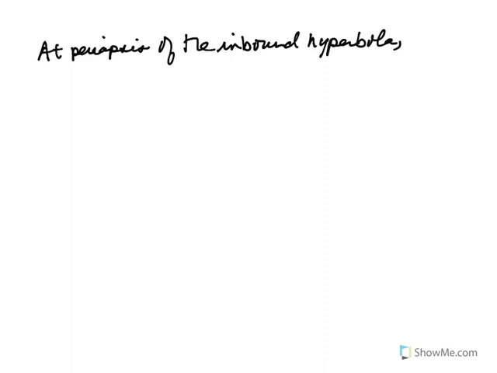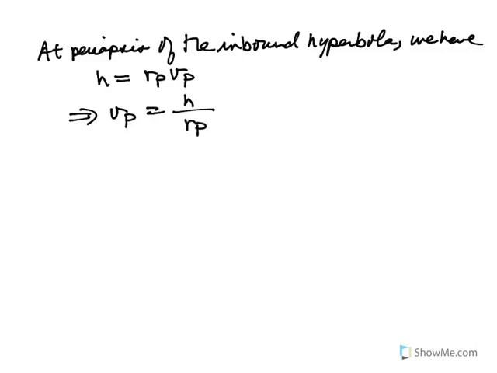At periapsis of the inbound hyperbola, we have that H is equal to RP times VP. So we can solve and we get VP is equal to H over RP, which is just equal to the square root of V infinity squared plus 2 mu 2, all divided by RP.